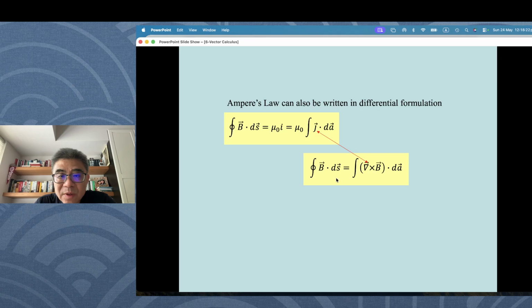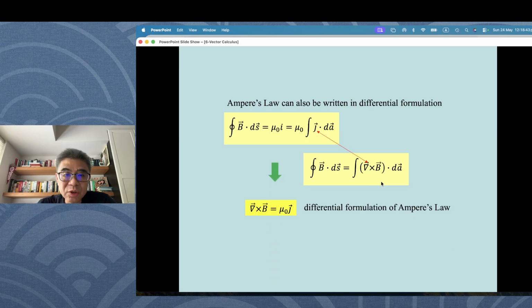We also know from Stokes' law that the line integral of the magnetic field equals the curl B dot dA. Therefore, this line integral could be written both as the surface integral of J and the surface integral of the curl.